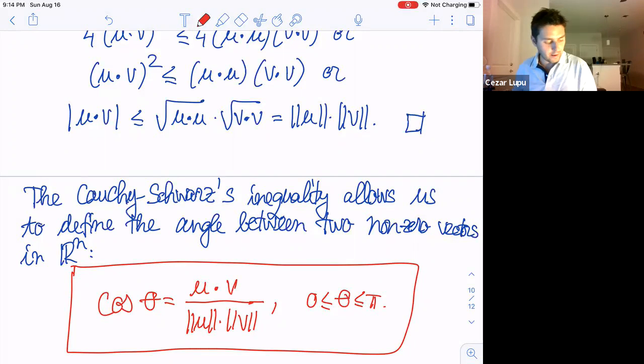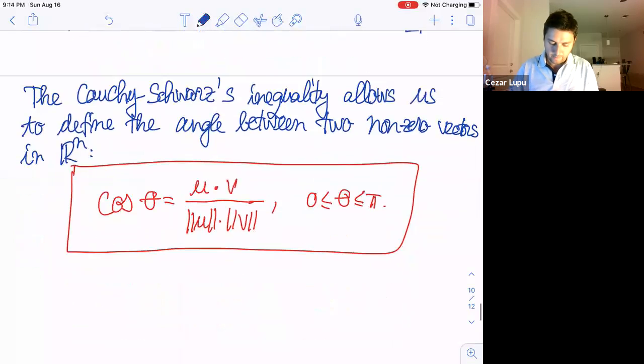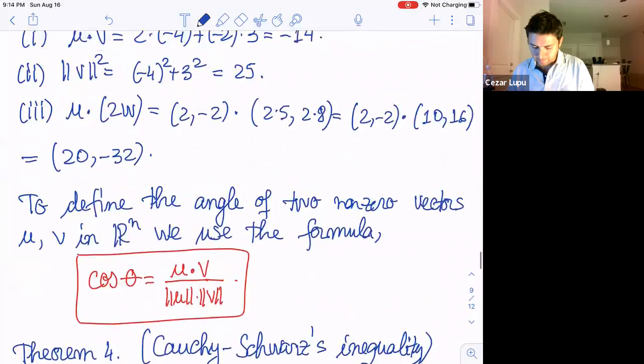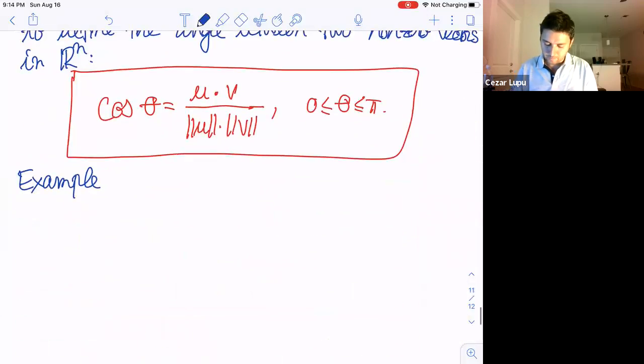Well, let's find a quick example. Example number 6.